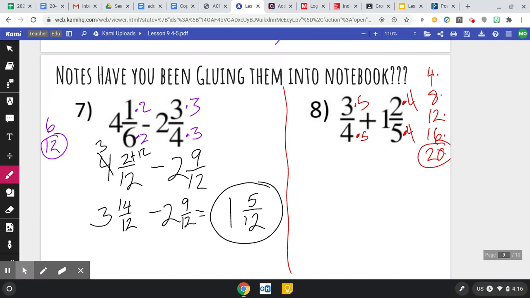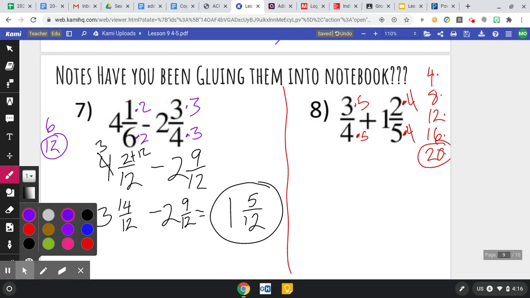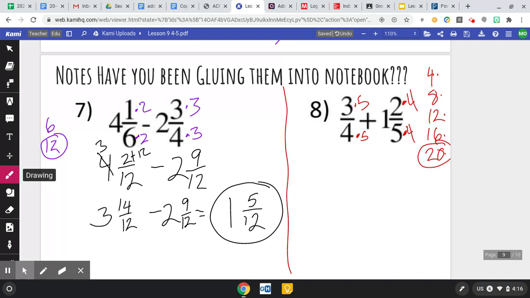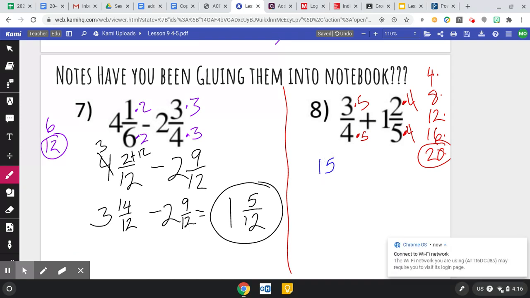All right, so now let's rewrite our numbers. So let's switch to blue. All right, so 3 times 5 is 15. 4 times 5 is 20. Keep your whole number. Don't lose that one.